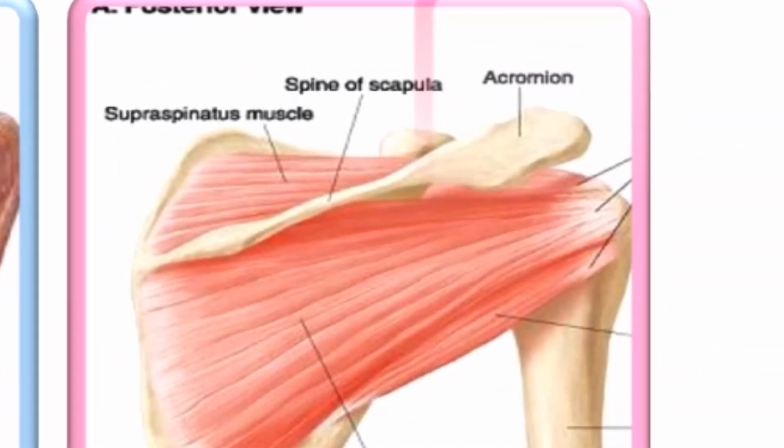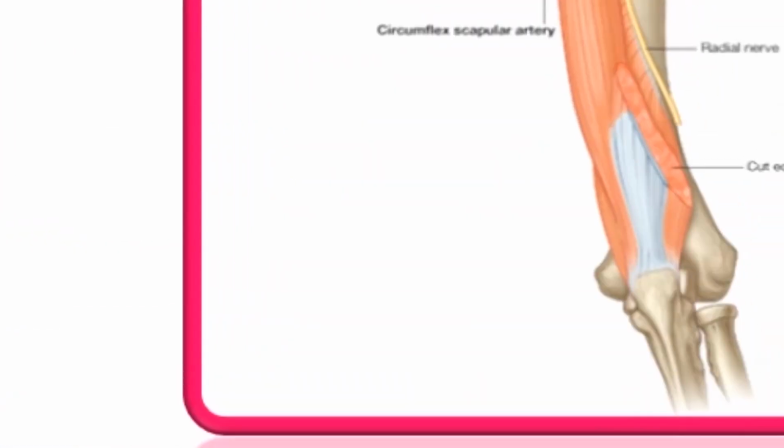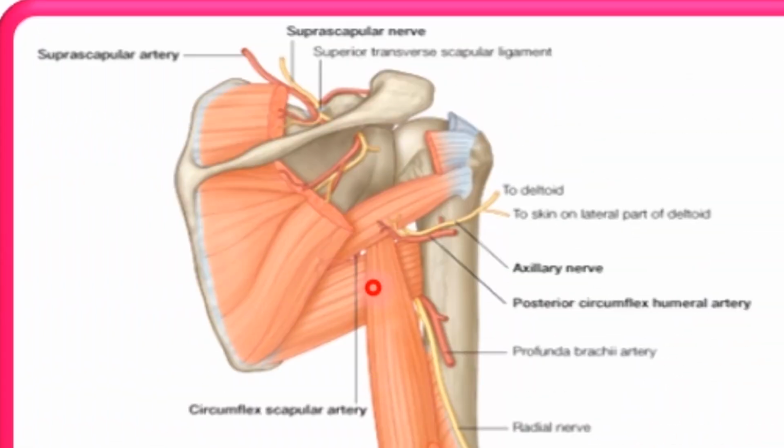Here in this diagram, we can see the 2 muscles, the supraspinatus and the infraspinatus. Here is the suprascapular nerve entering through the suprascapular notch, and this is the branch to supraspinatus, and then here is the branch to the infraspinatus.